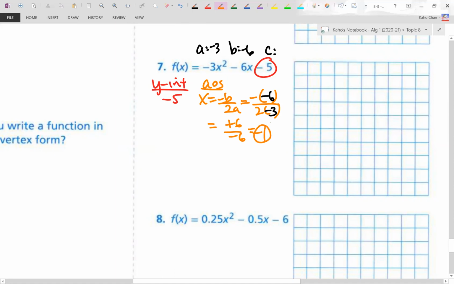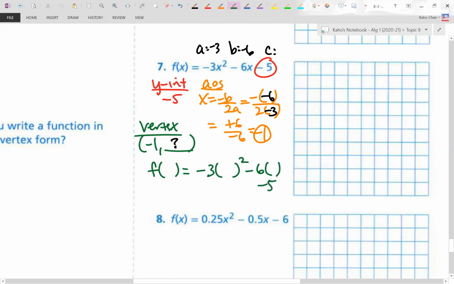Yay. Finally, the vertex. Take the axis of symmetry you just got, put it into that spot, and we're just trying to figure out what the y value is, right? Let's plug in -1 into the function right now. I'm not actually putting the number in first. I like to do this and then worry about it later.